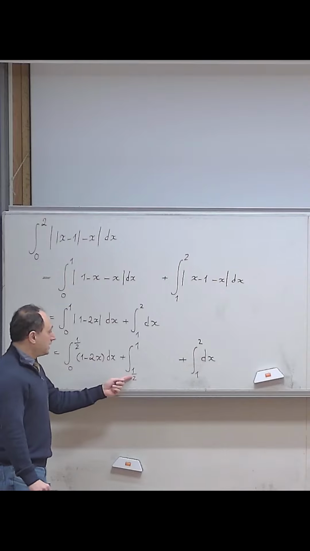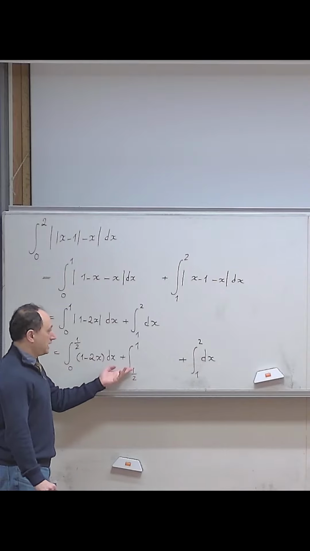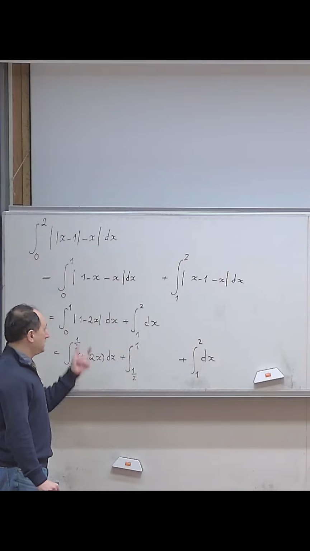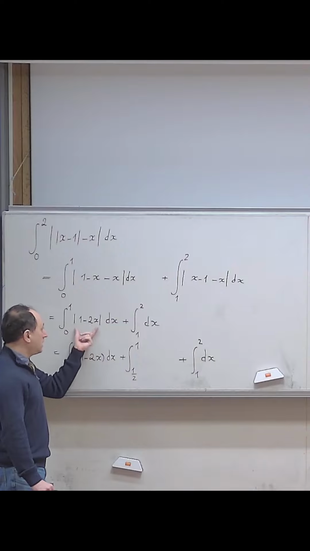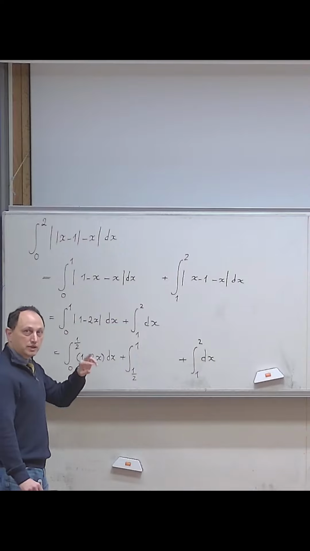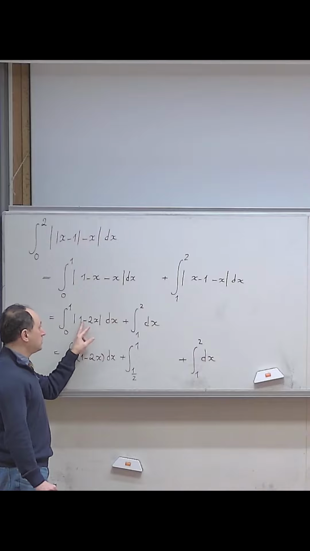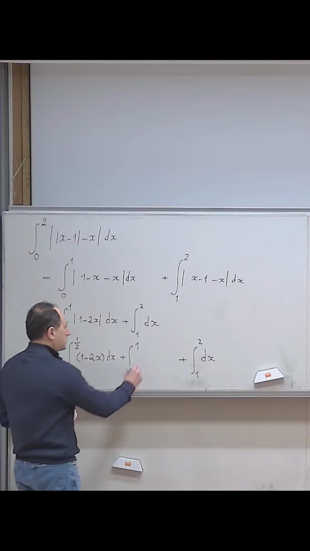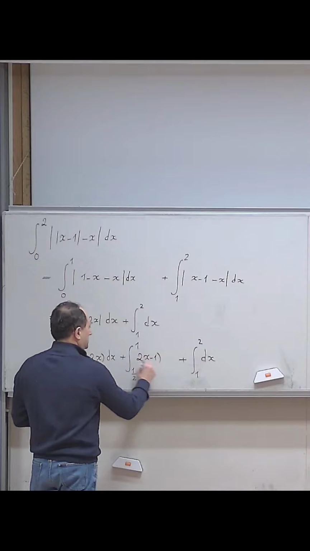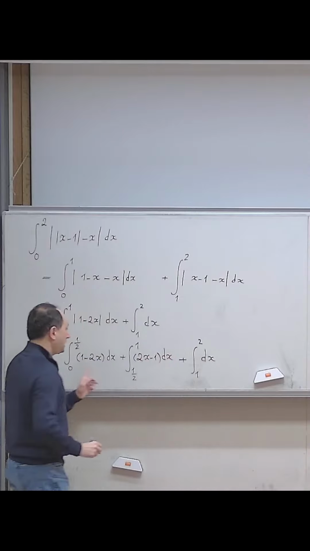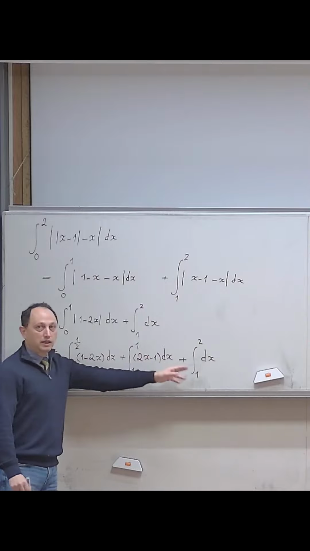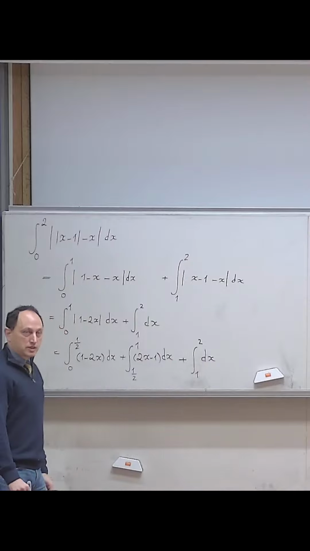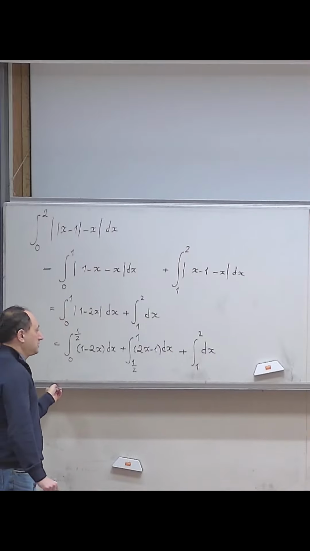But here, when x is greater than 1/2, between 1/2 and 1, 1 minus 2x is actually negative. I can remove the absolute value, but the price that I have to pay is to multiply this by a minus sign. So then it becomes 2x minus 1 dx. So this means that to calculate the question mark, I have to now calculate three very simple standard definite integrals.